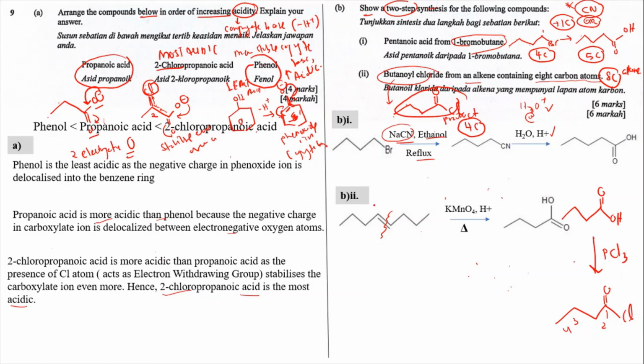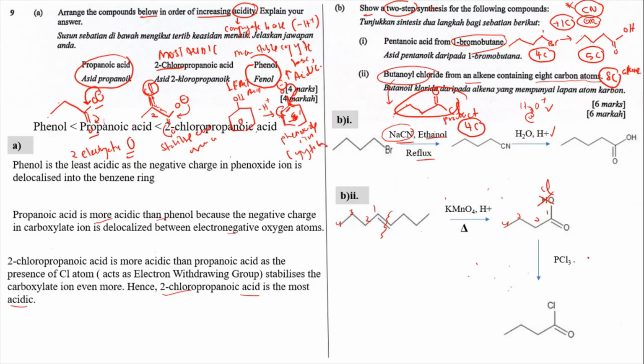So you're going to have 1, 2, 3, 4, which is a butanoic acid. The butanoic acid can then react with PCl3, so the OH is replaced with Cl, and butanoyl chloride is formed.